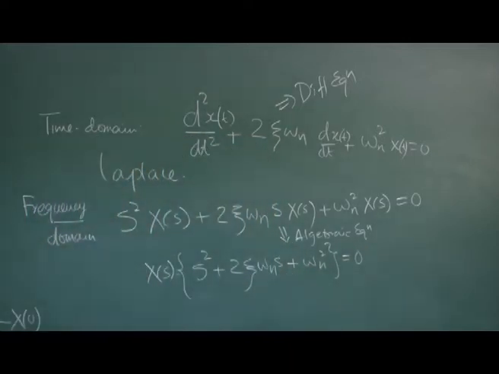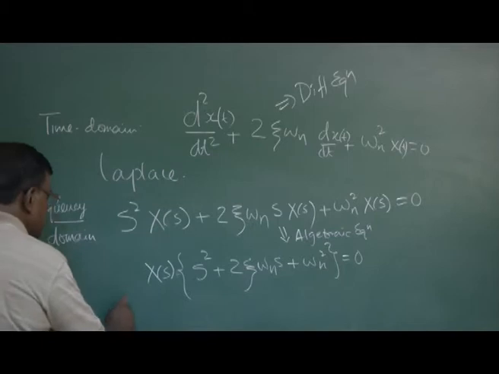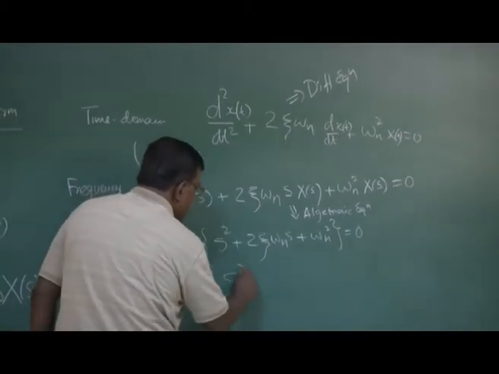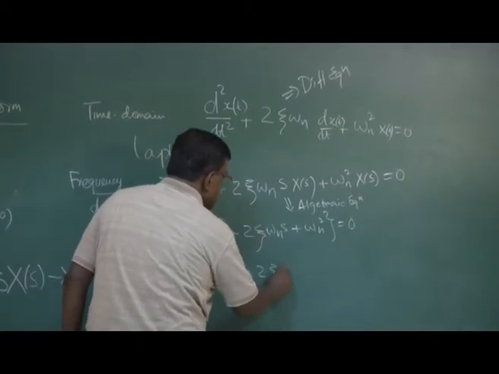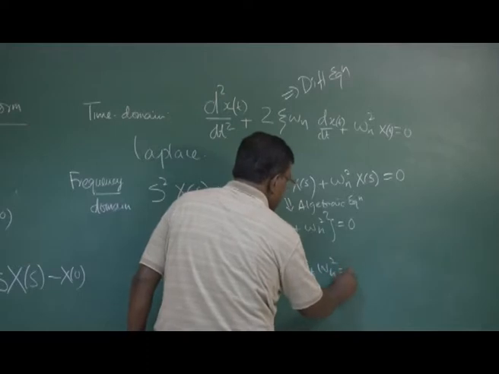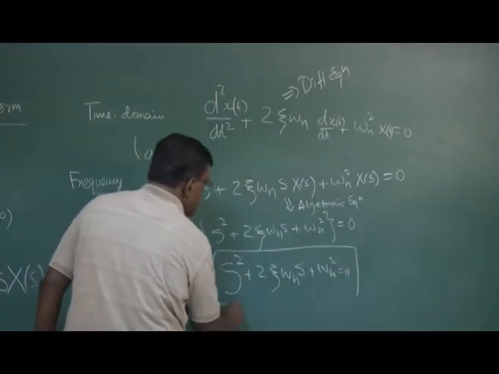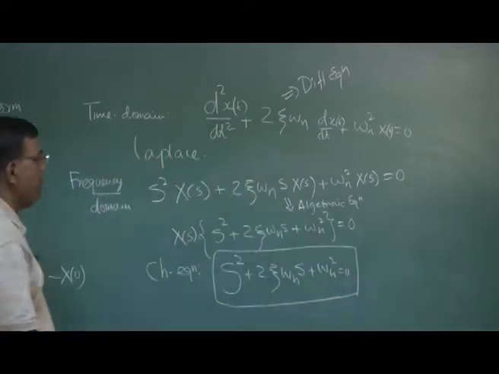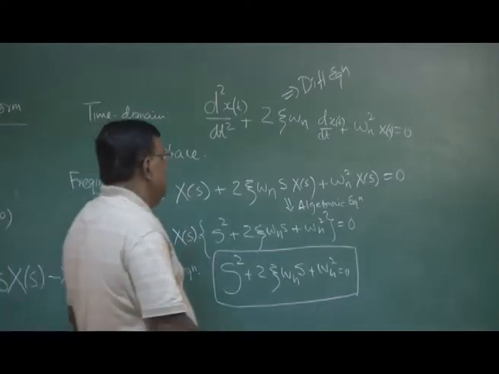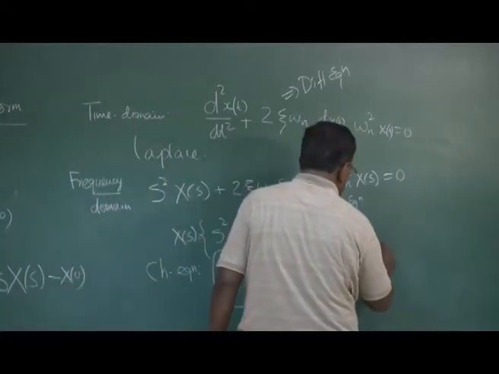So my characteristic equation now becomes s squared plus 2 zeta omega n s plus omega n square equal to 0. Clear? So this is the characteristic equation in frequency domain.